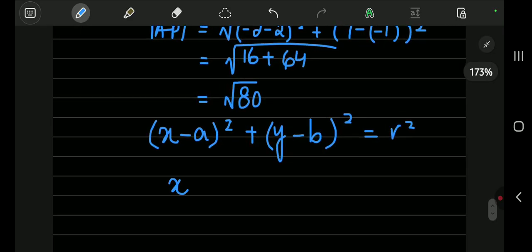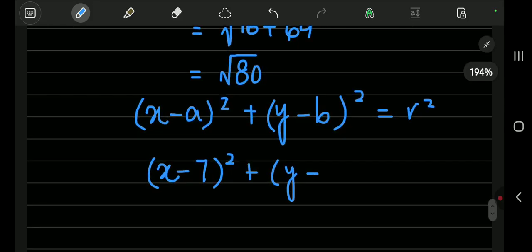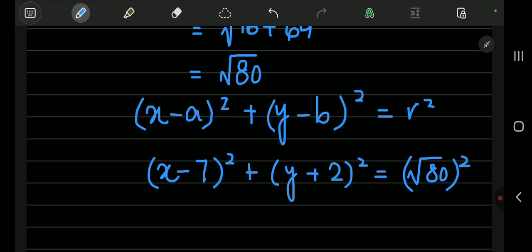So (x - 7) squared plus (y + 2) squared equals root 80 squared.